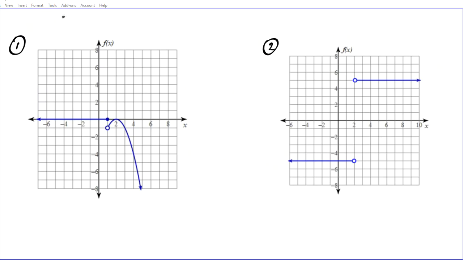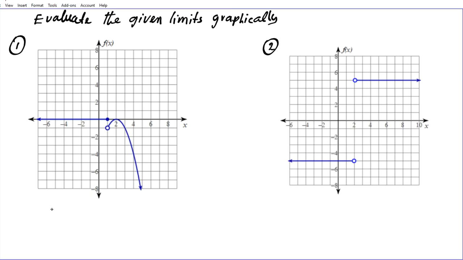So we're going to be looking at these 4 cases in the examples contained in this presentation. For these examples, we're going to evaluate the given limits graphically. For number 1, we have the function f of x here, the blue function.